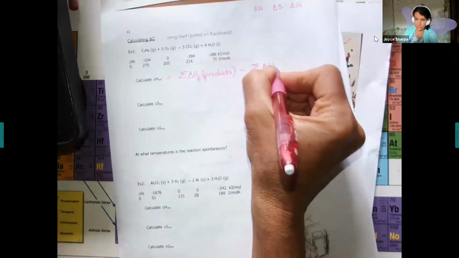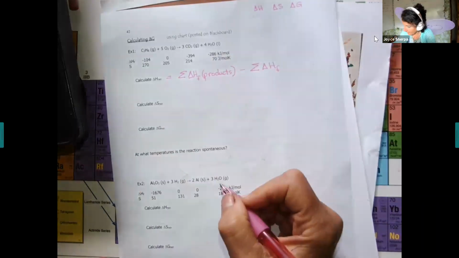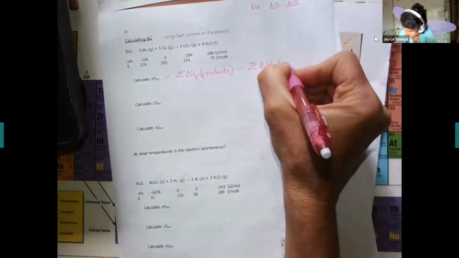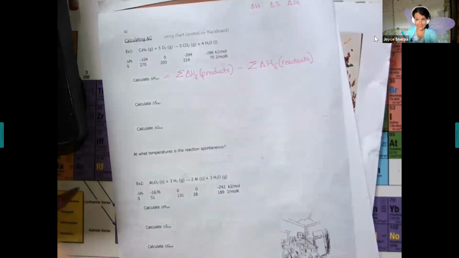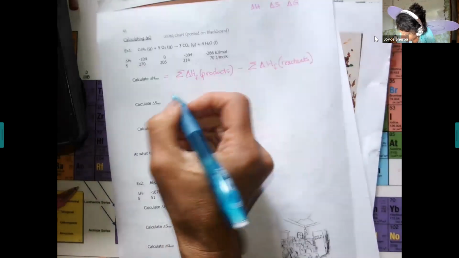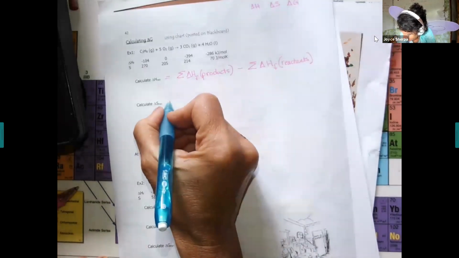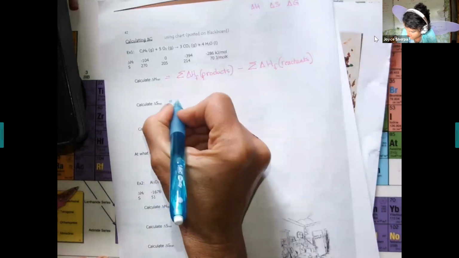That's the sigma sum minus the sum of the delta H's of the reactants. It's the same equation for S. That's the full way to write it. Or if you prefer, you can write products minus reactants. Final minus initial.